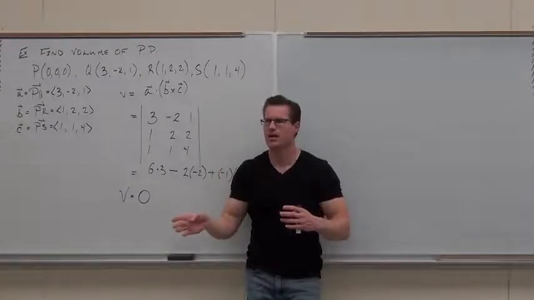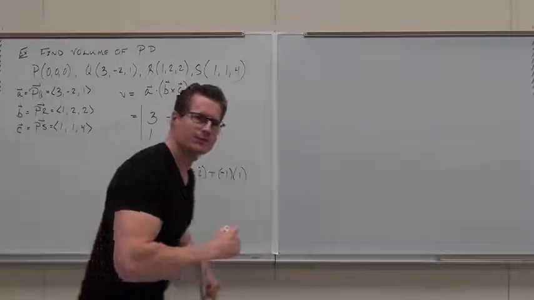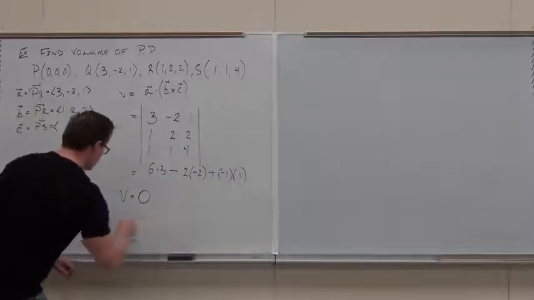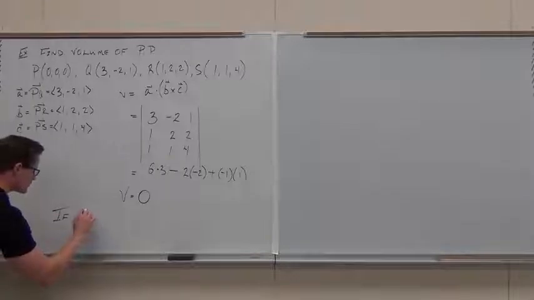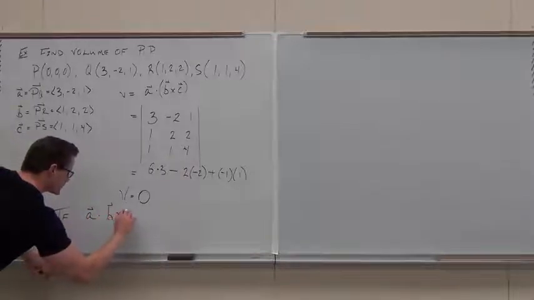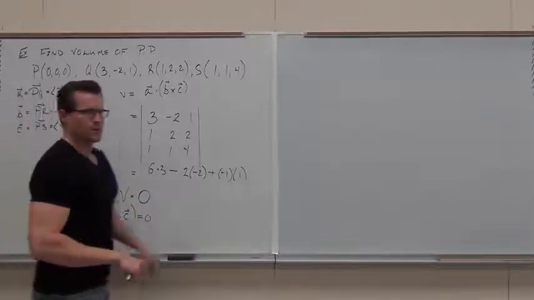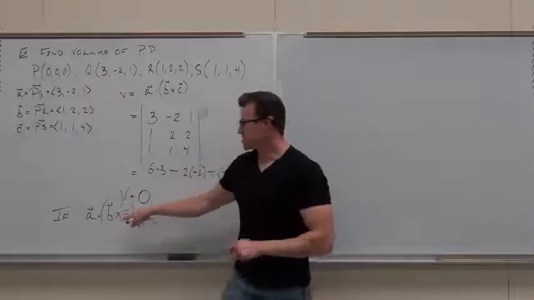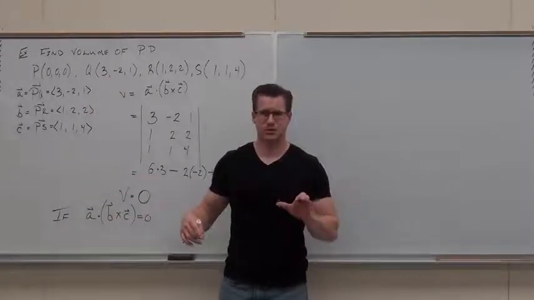Isn't that kind of cool? It means you have something that's coplanar. So, if you ever have this situation where you have cross product, dot product, and it equals 0, here's what it tells you.